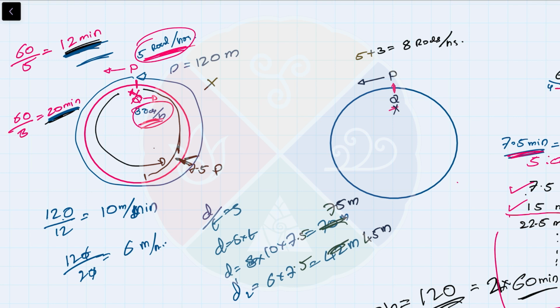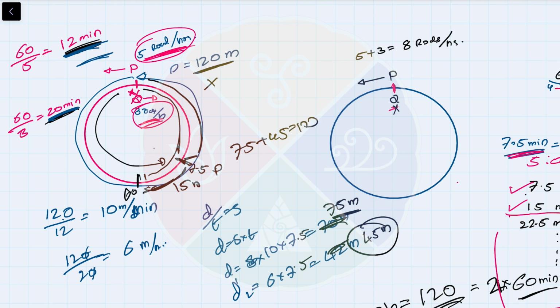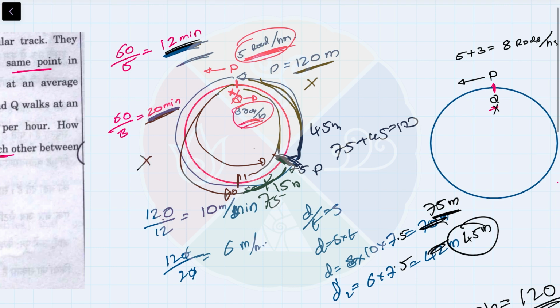Now if you look at this, it's a 120 meter full circle. If you add these two values, 75 plus 45, you are going to get 120. That basically means there is 45 meters from here to here and 75 meters from here to here. They're basically meeting. So this is a real scenario, but we don't need that.